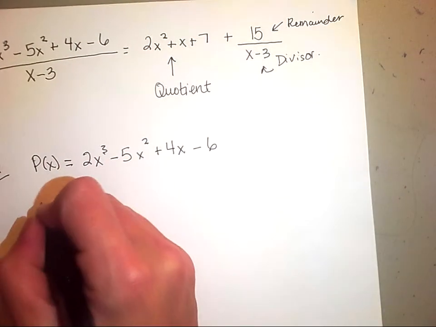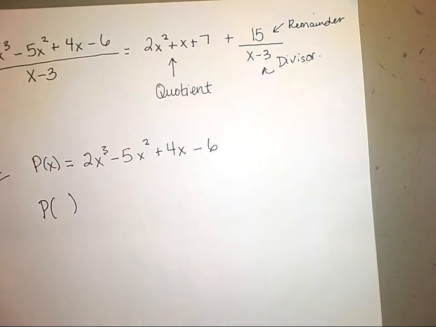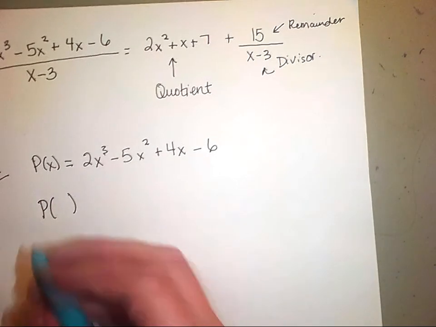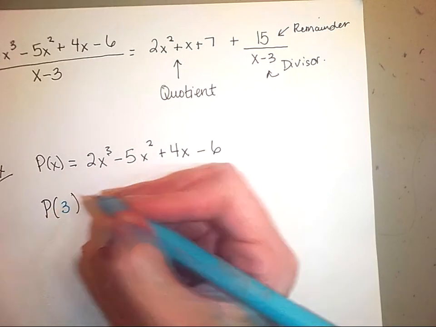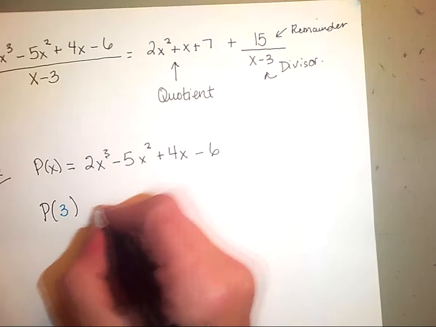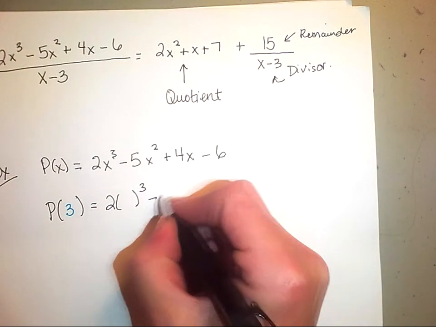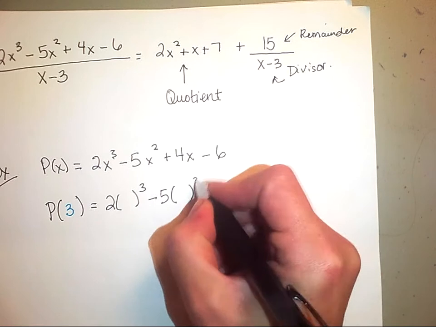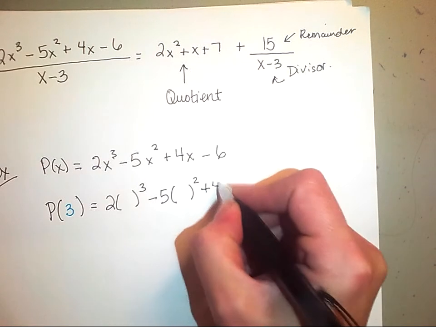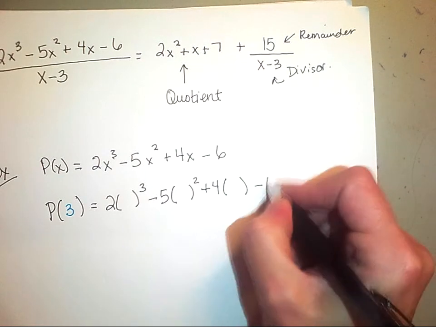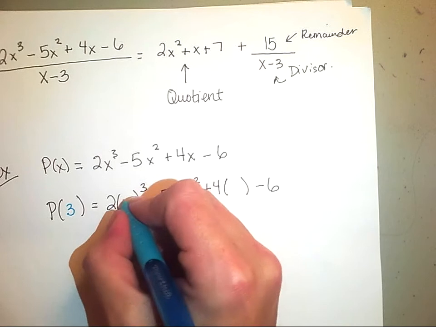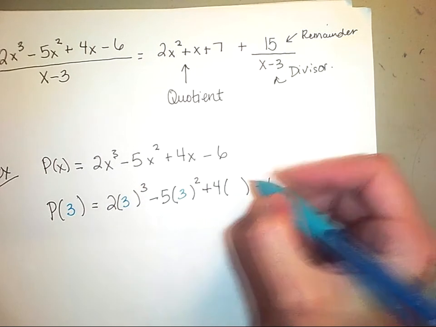And what I would like to do now is just do a basic evaluating. Let's evaluate this polynomial at 3. So that'll be 2 times 3 cubed minus 5 times 3 squared plus 4 times 3 minus 6. And I will give you a minute to do that.